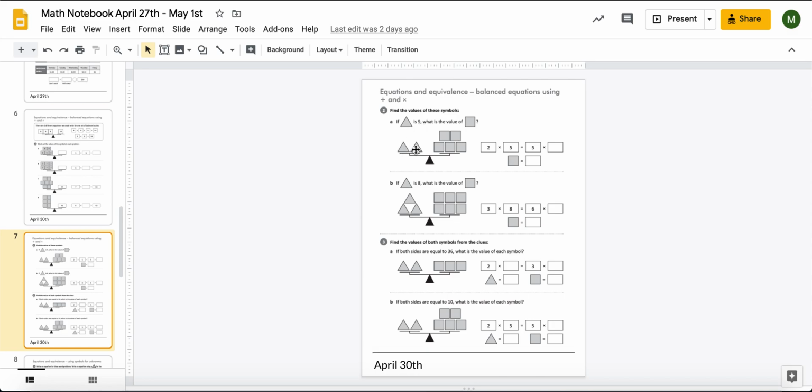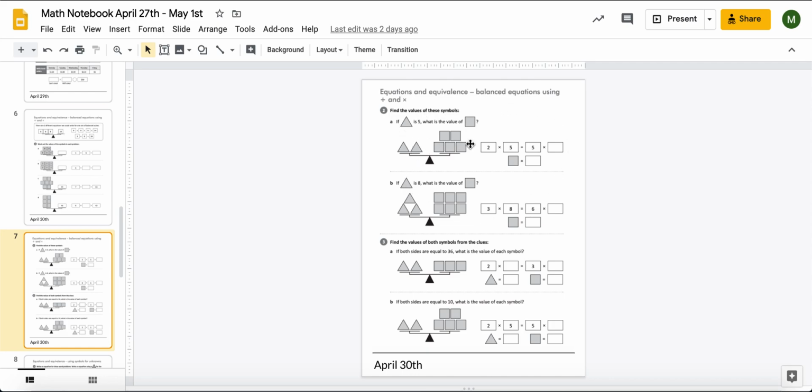So this is 5 and this is 5, okay? And it wants to know, and if you print this off, you might even want to write 5 in each of the triangles, if that helps. And then you're wanting to figure out how much is in each of these squares, or how much this square is worth, okay? So they've set up your equation, or how you're going to figure that out, over here, okay?